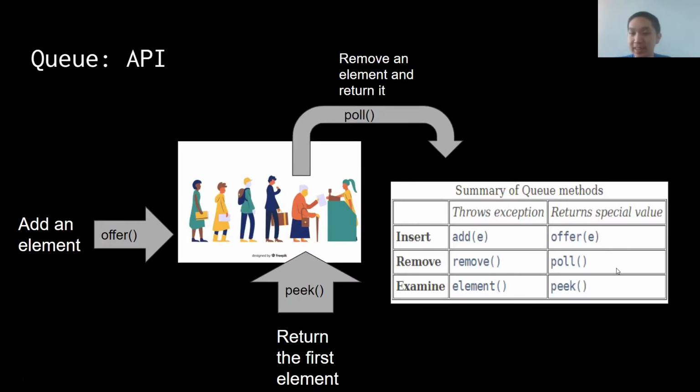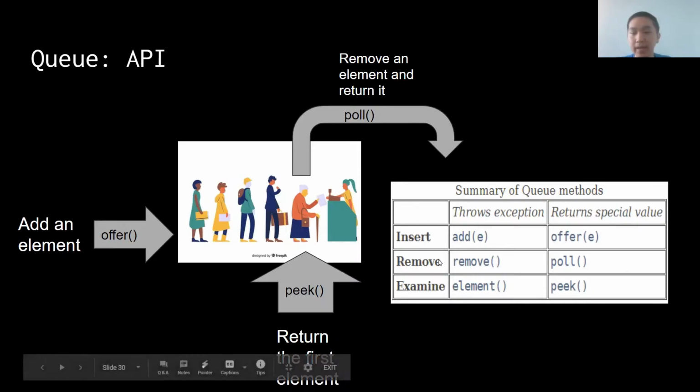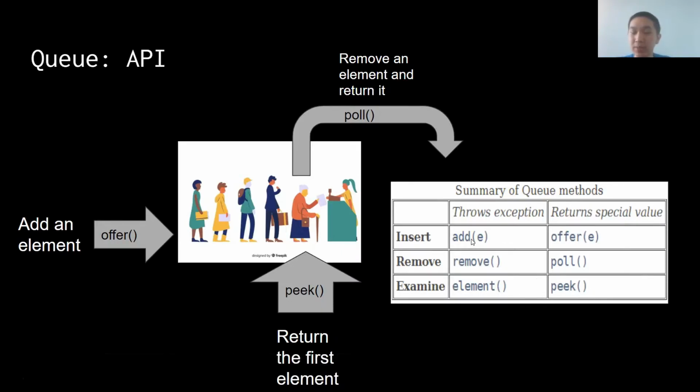So that's just a summary of all the queue methods. You can also use add, remove, and element, but these ones would throw an exception, which means that your program would crash. And if you do offer, poll, or peek, and that object is not there, it should return null.